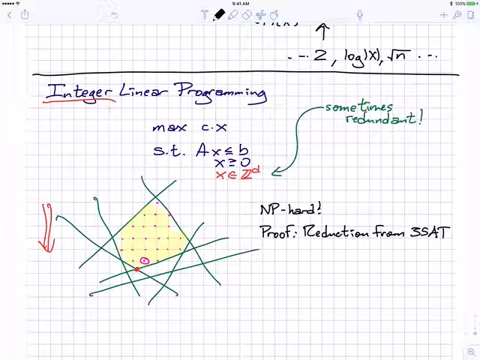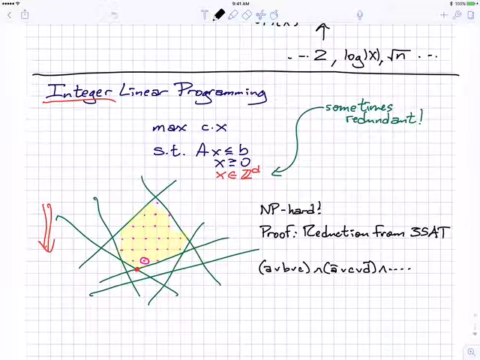Each clause consists of 3 literals ORed together, and each literal is either a variable or its complement. So just as an example, A or B or C, and A bar or C or E bar, and so on.